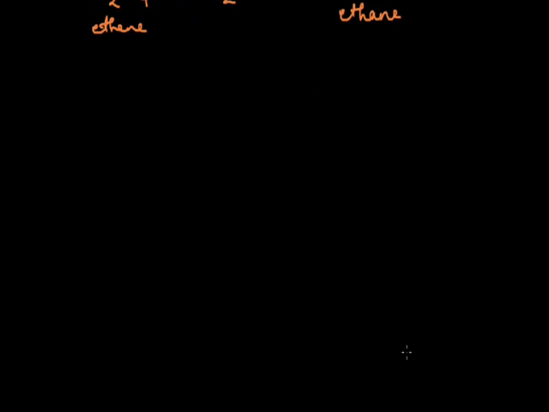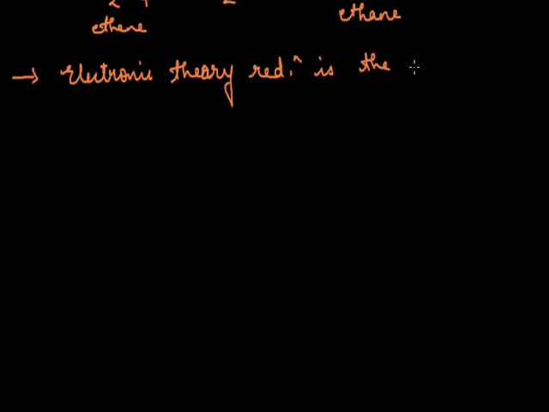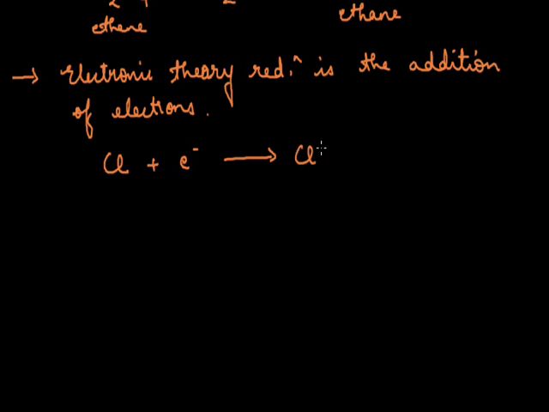Now we can also define reduction as we defined oxidation, in terms of electronic theory. In terms of electronic theory, reduction is the addition of electrons. For example, chlorine has to accept an electron to complete its octet, so it will form Cl minus.